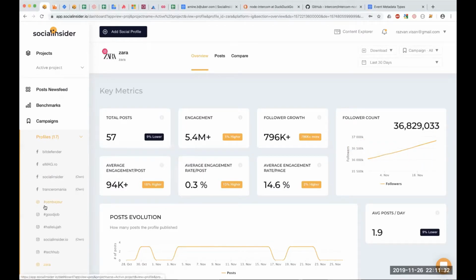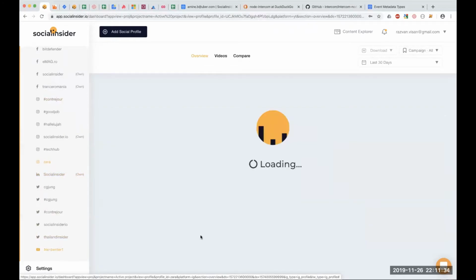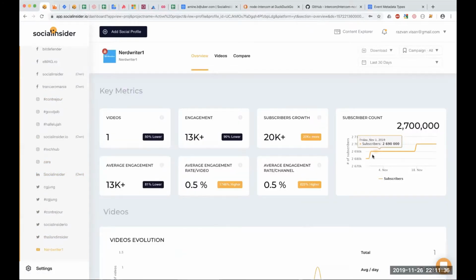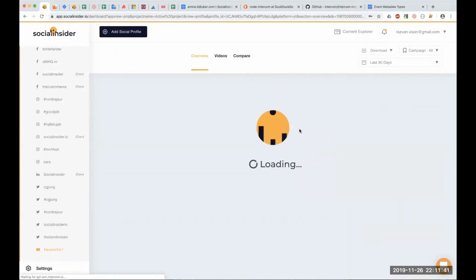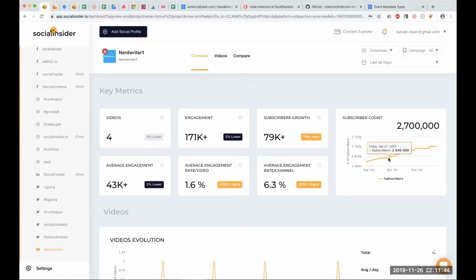One more thing to note is that the follower evolution changed in YouTube. Let me show you. They changed it in mid-September. They had the numbers as you see here in this tooltip, with all the digits. And what they did on the 18th of September was they rounded it up.